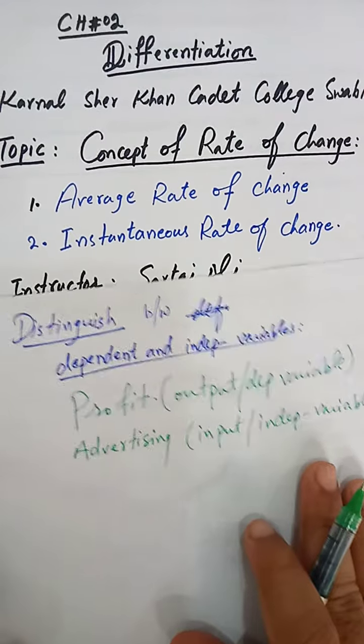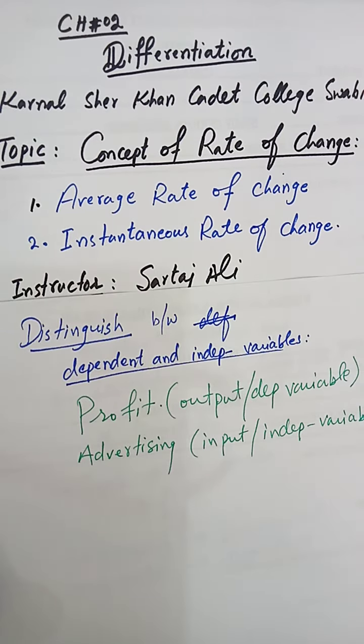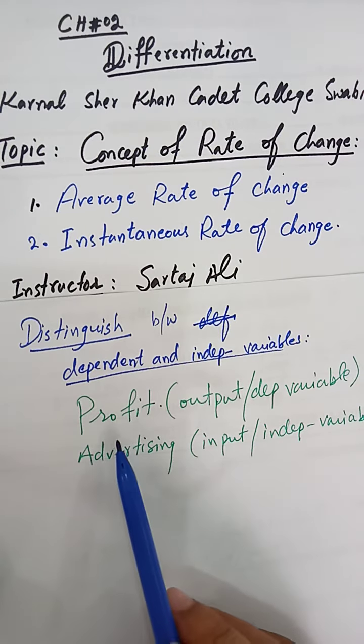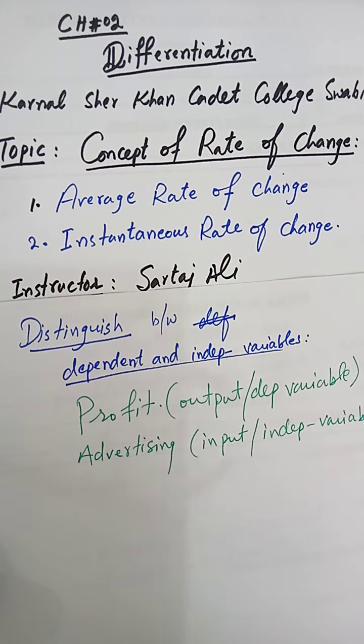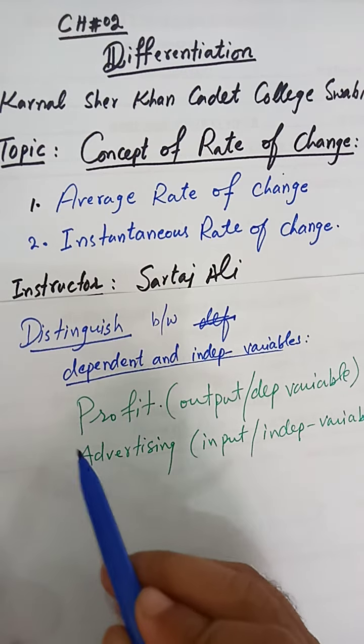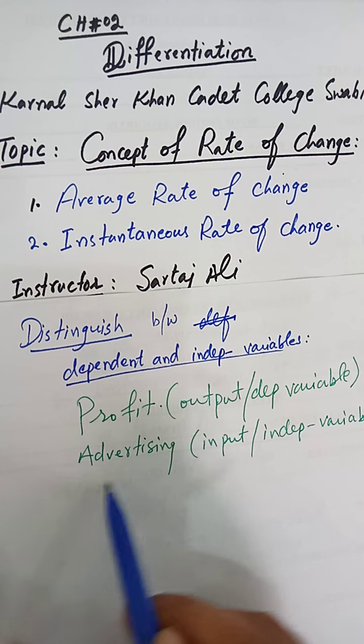Here you clearly see that profit will depend on the advertisement. If you change your advertisement, automatically the profit will change. So you clearly see that this profit depends on the number of advertisements.